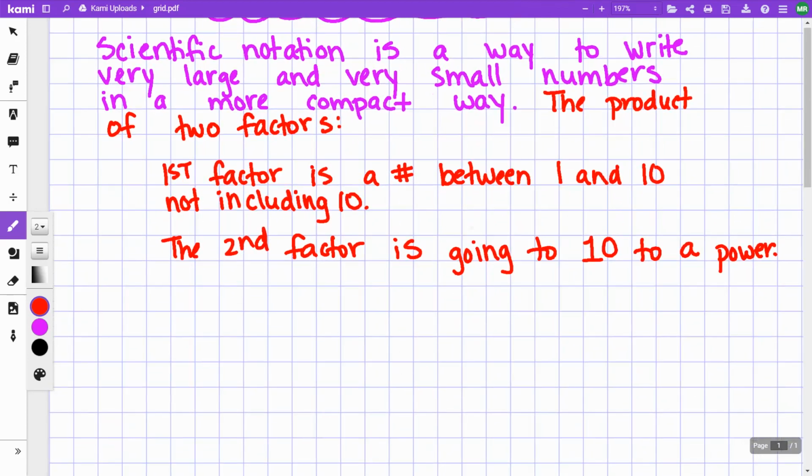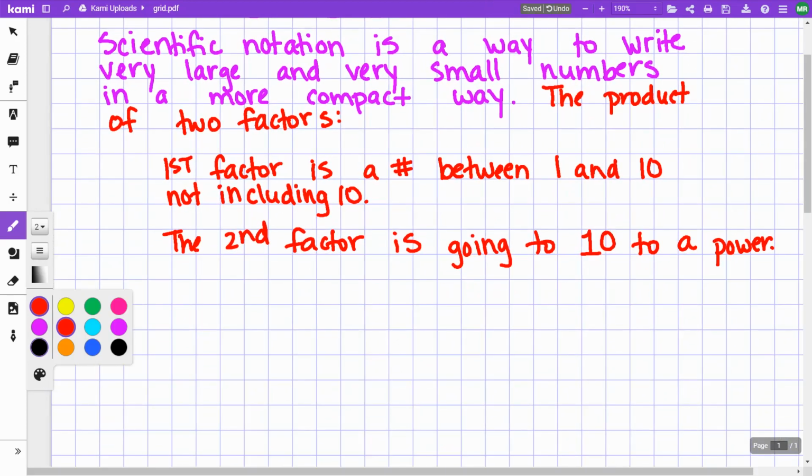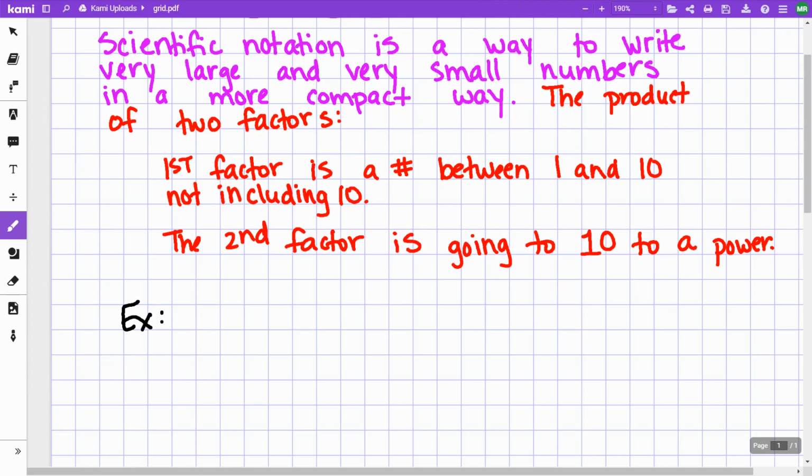Now, let me start with an example. So let's say, for example, I had the number 321,500 as a number.